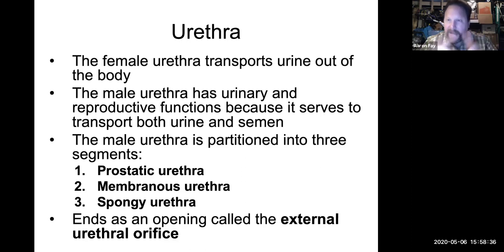You're not going to have sharing of this tube. If the reproductive system is activated, urine's not going to be allowed to flow, and vice versa. Right? 3 components to the male urethra: prostatic urethra, membranous urethra, spongy urethra. And the very terminal end of the urethra is the external urethral orifice. And from there, it goes into the wide world.